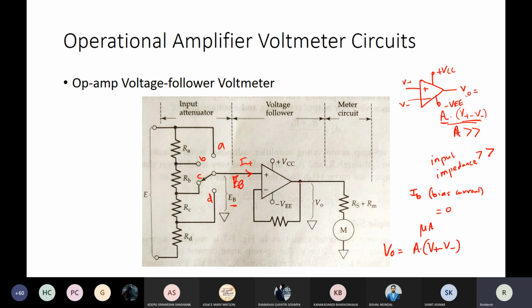The output terminal is connected in negative feedback mode directly to the negative input terminal of the op-amp. So what is the potential at this node?